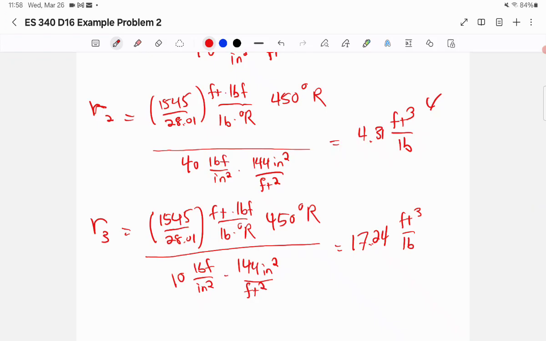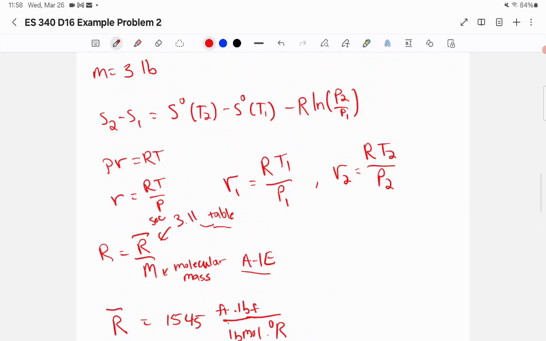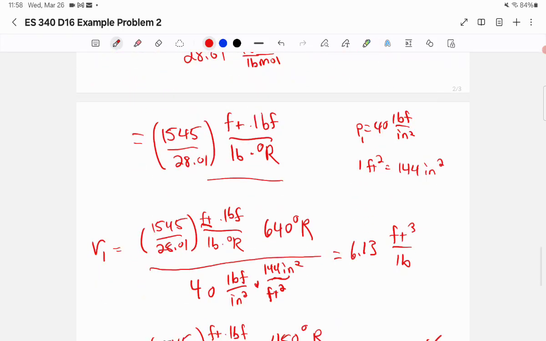So now we have V1, V2, V3, and most everything else, but we're going to need S circle of T1, S circle of T2, S circle of T3, excuse me, for the remainder.